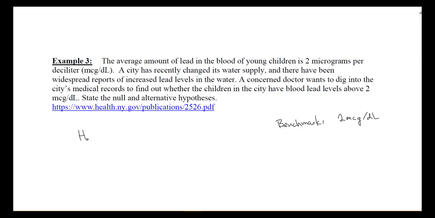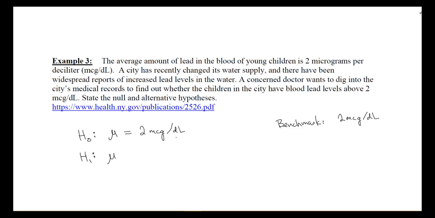So H0 and H1. Don't forget you're going to need a mu for each of these because we need to turn each of them into a statement. The first one's easy. Mu is equal to 2 micrograms per deciliter.